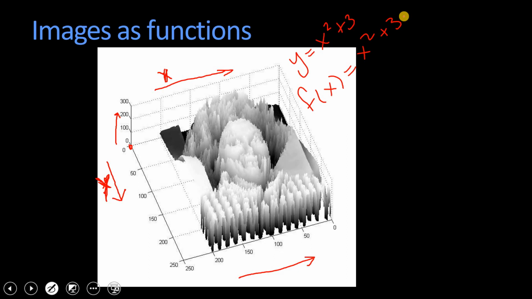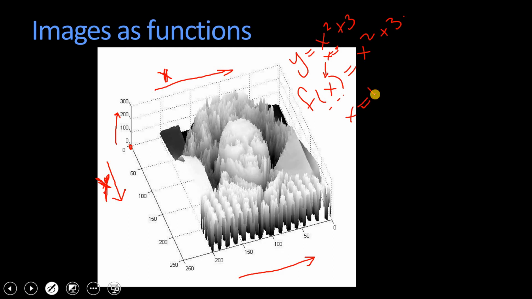And what does this f of x mean? It means that for the x value that you provide, it will return you some output. Let's say you decide x equal to 1.